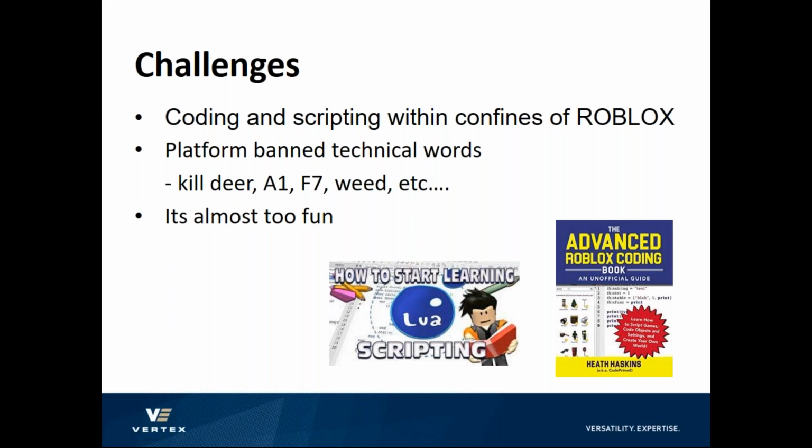So killdeer, because it had the word kill, we couldn't use, so we had to change it to noisy plover. A1 is apparently used as a surrogate for cocaine. Weed, obviously. There were multiple words that we just couldn't use, so we had to find a workaround in how we discuss those in the virtual world. And again, it's almost too much fun.